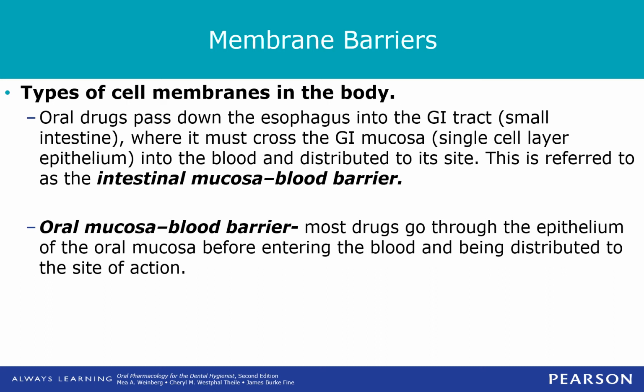An oral drug passes down the esophagus into the small intestine, where it must cross the GI mucosa, a single layer of cells, into the blood and distributed to its site.